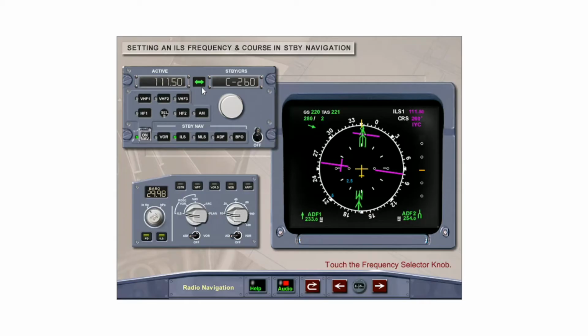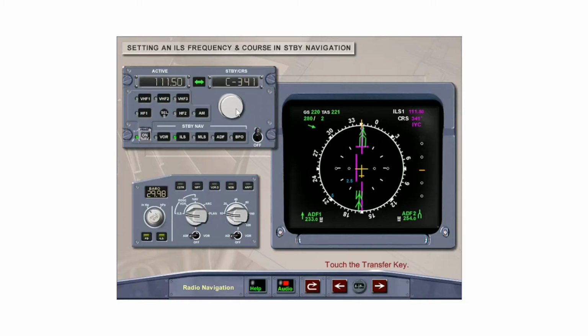To set the new course of 341, touch the frequency selector knob. The new course is now displayed in the standby course window and is displayed on the nav display. Setting the ILS frequency of 111.5 with the course of 341 using standby navigation tuning is now complete.